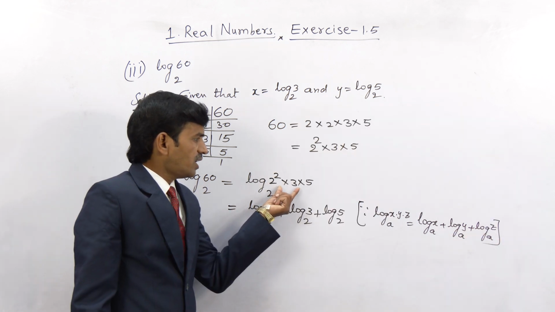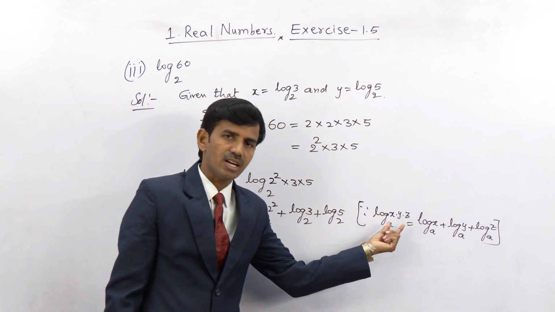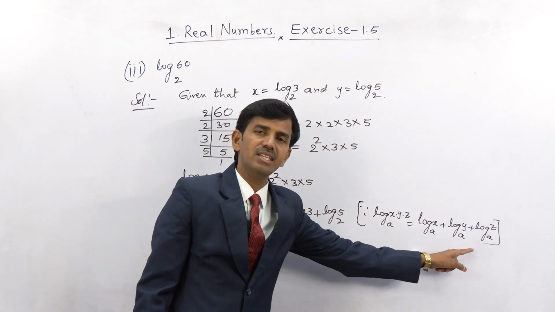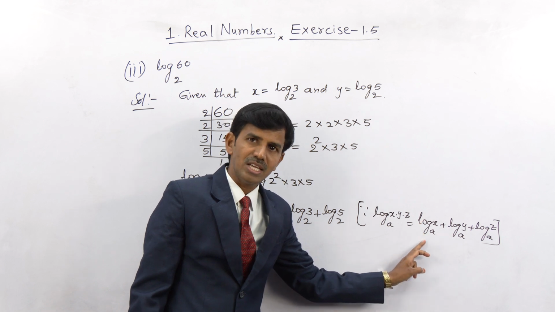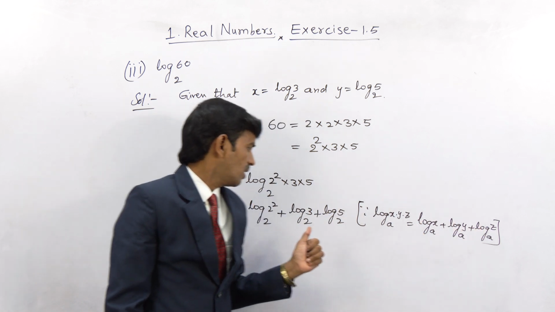Where there exist 3 terms, we consider x, y, z. If there exist only 2 terms, we consider up to x into y. Like that, the product rule can be extended in this way.